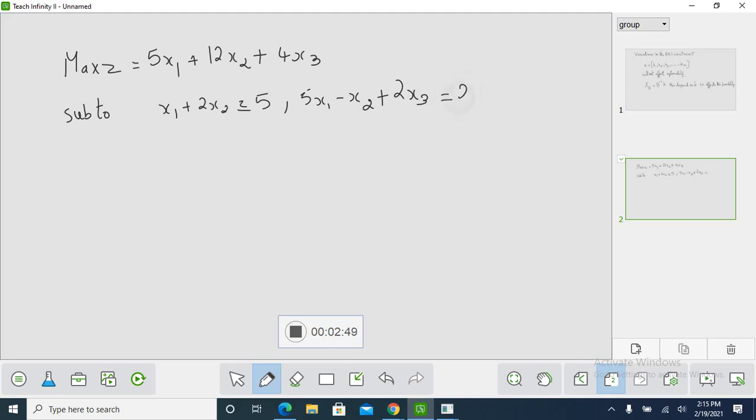Please make a note, the constraint is having equality and all our xi's are greater than or equal to 0.